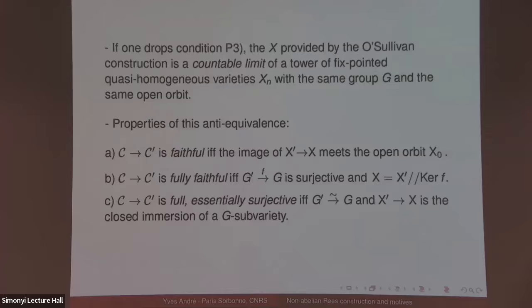For instance, the functor is faithful if the image of this morphism in the opposite direction meets the open orbit. Fully faithful also has a translation. This X is just a quotient. And full and essentially surjective means essentially that this X is just a closed G-subvariety.